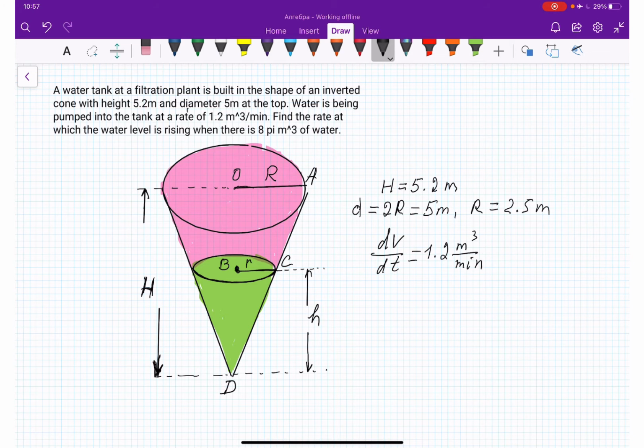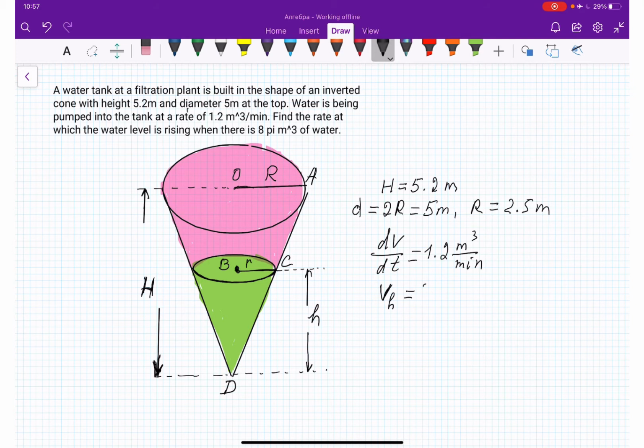Okay, find the rate of change at which the water level is rising, where there is 8 pi meter cubed of water. So volume, it's talking about this green part, where we need to find how fast the water level will rise to the level of V with the height of h.